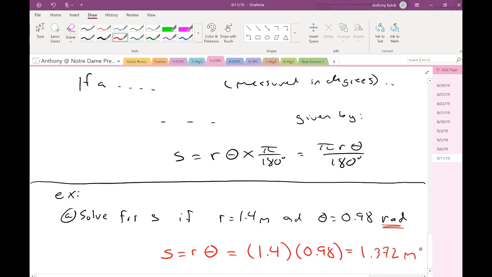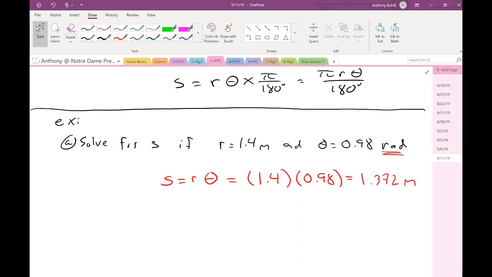So when I plug in the 1.4 for r and the 0.98 for theta, I get 1.372 meters. That's pretty easy, right? Not too bad.